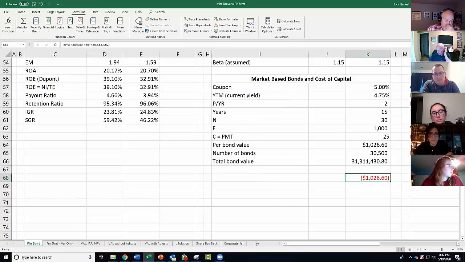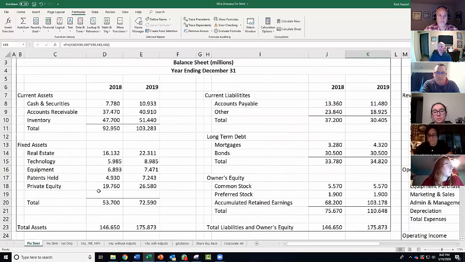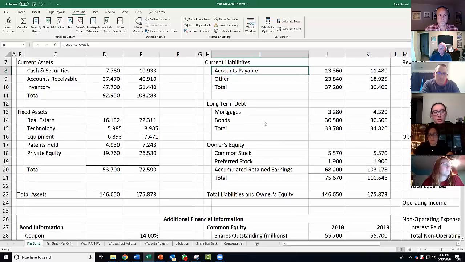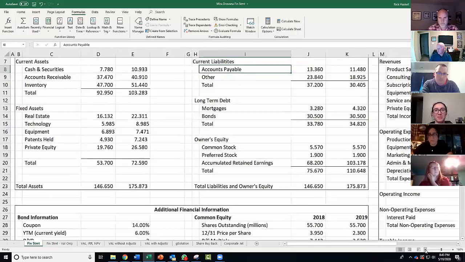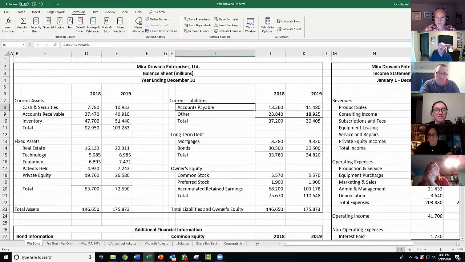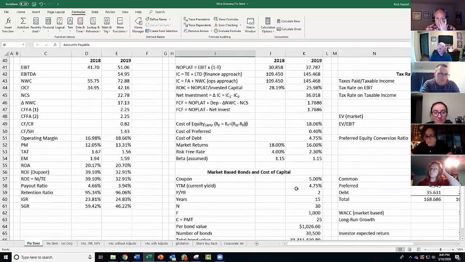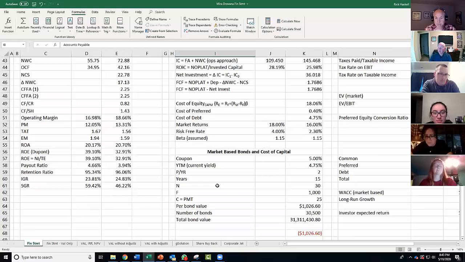Okay, I want to point one other thing out before we're done tonight. Notice that here in the Mira-Dravana spreadsheet, and you're recognizing this because some of you have already started doing the work on the Excel assignment, this first worksheet is what we have for the Excel assignment.